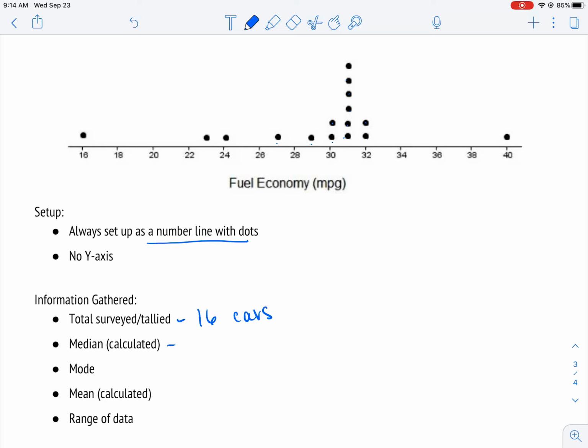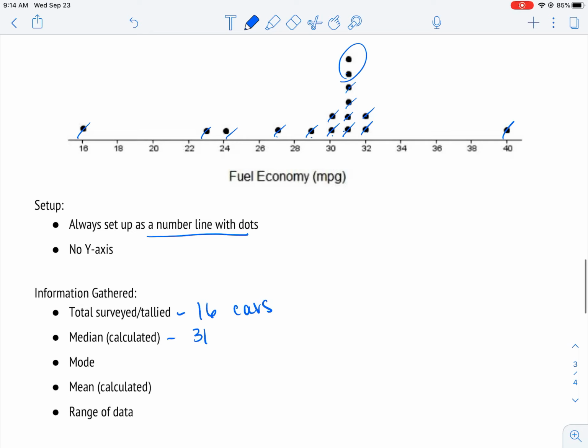You can absolutely calculate the median. You can just tally them off here, right? And do a process of elimination and say, oh, the median is going to be at 31. The mode is easy to see as well, just based on the bar.